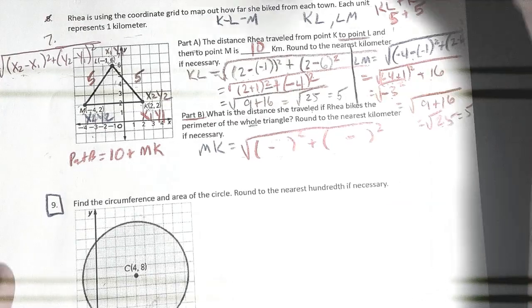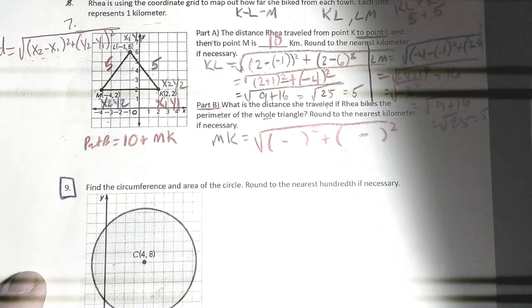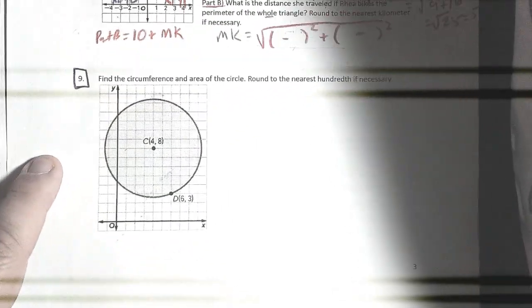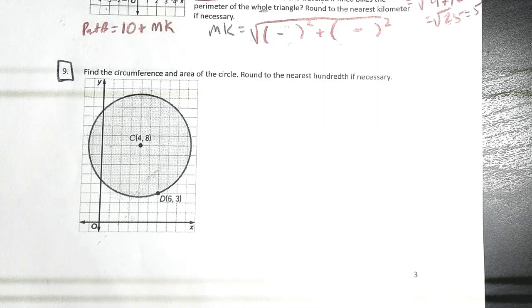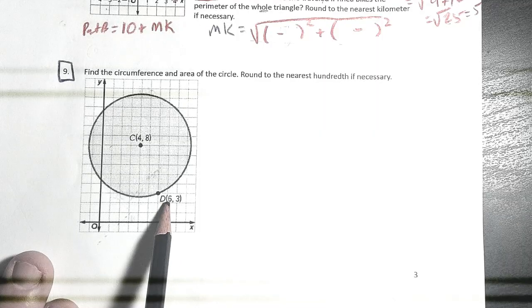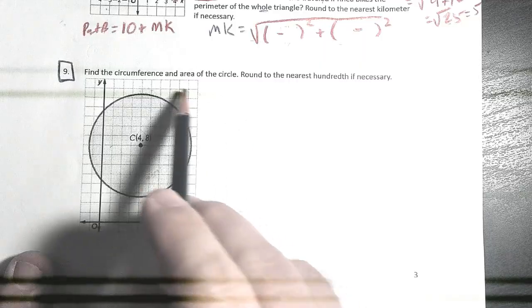So scooching down. Again, number 9 is not on your paper. So find the circumference and the area of the circle. Round it to the nearest hundredth if necessary. So for this, we're going to use the distance formula because we need a radius.